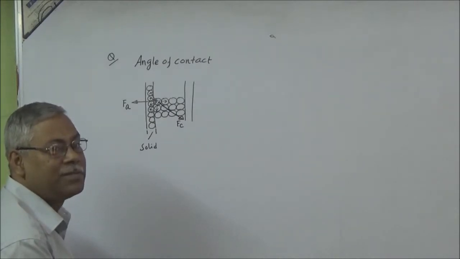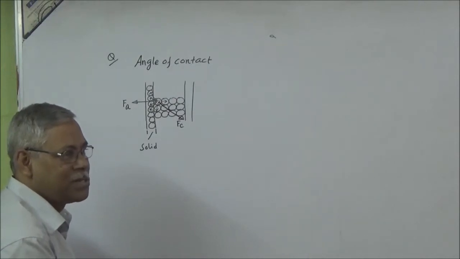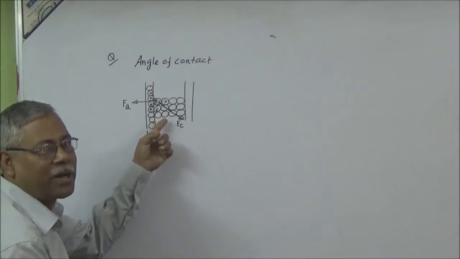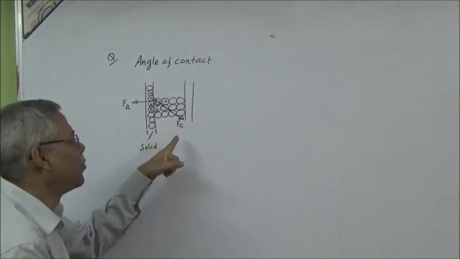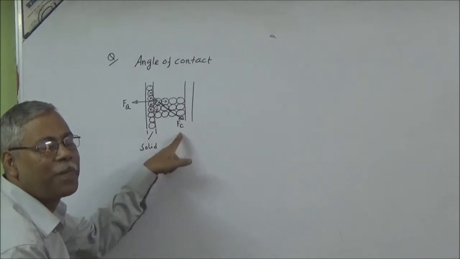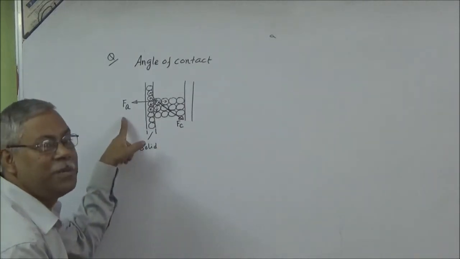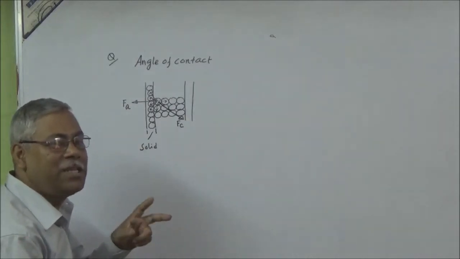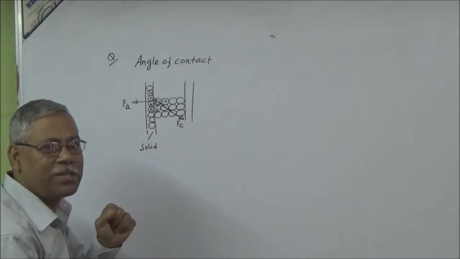It depends purely on the material, whether you have water here, or mercury, or oil. Cohesive force depends on the substance of the liquid, and adhesive force depends on both the substance of the liquid and the substance of the solid.